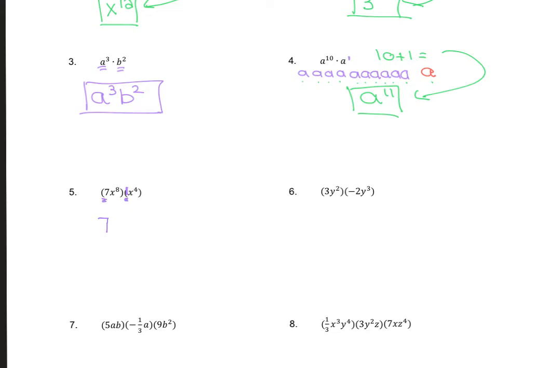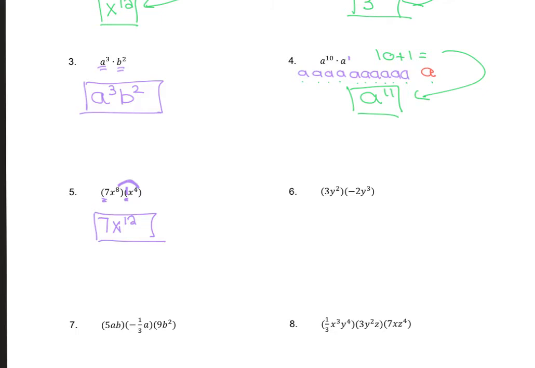So when we're multiplying them, we add the exponents. So we really have x, and the 8 and the 4 would get added together. So that really gives me 12. Now, if you want to still write them out, x, 8 of them, and then 4 more, that's fine too. You would still get 12 of them. You would see that. And our final answer is 7x to the 12th.